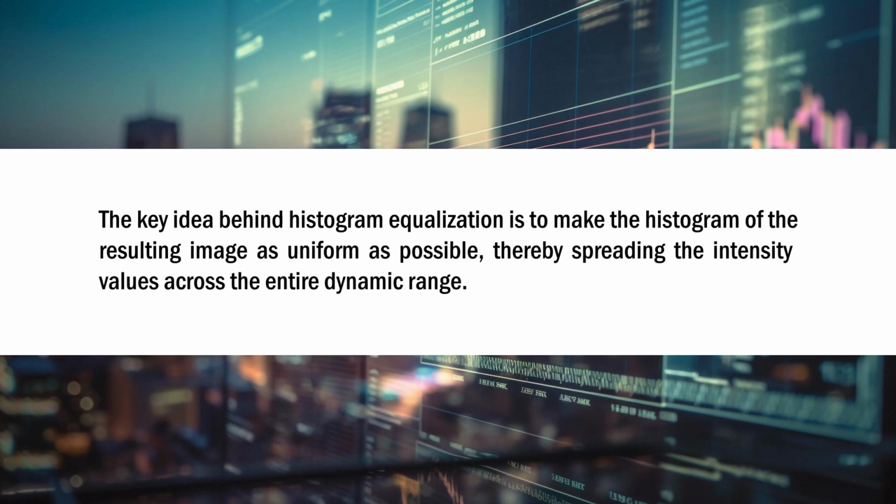The key idea behind histogram equalization is to make the histogram of the resulting image as uniform as possible, thereby spreading the intensity values across the entire dynamic range. In other words, it attempts to make the pixels in the image uniformly distributed in terms of brightness levels.